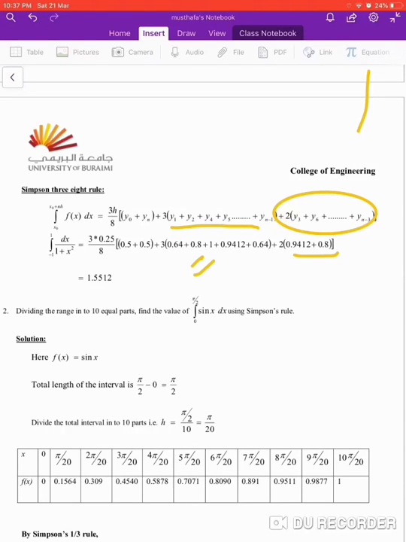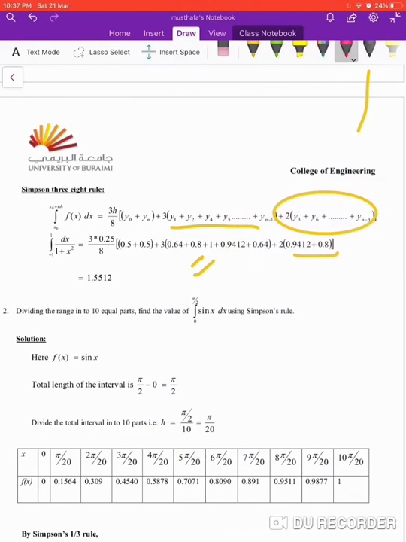Already we have found the actual value of the integral as 1.5708, and the Simpson 1/3 rule gives a result equal to our actual result. I hope this video is clear to everyone.